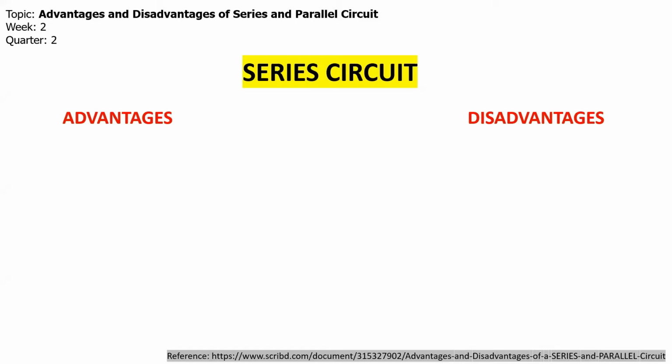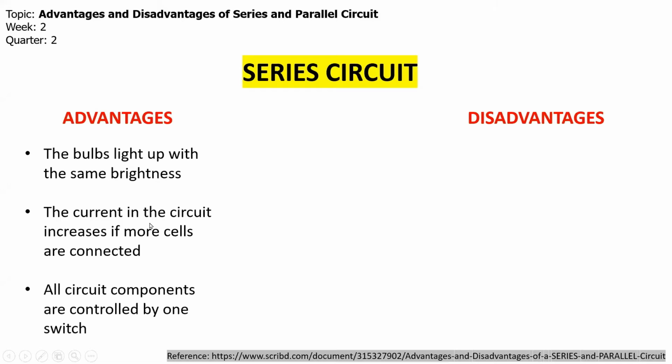So, the advantages of series circuit: the bulbs light up with the same brightness. If you want your house to have the same brightness for every bulb, then you will use a series circuit.